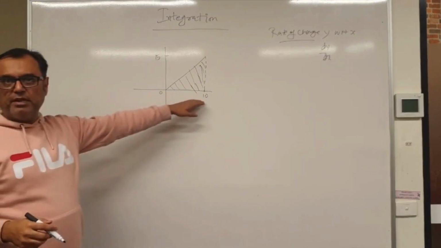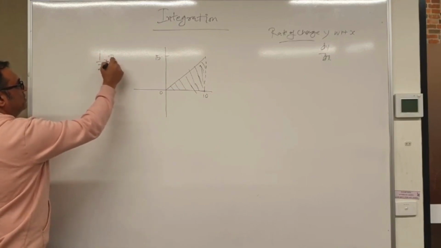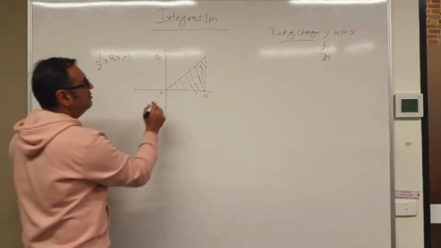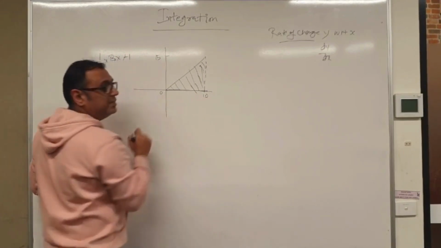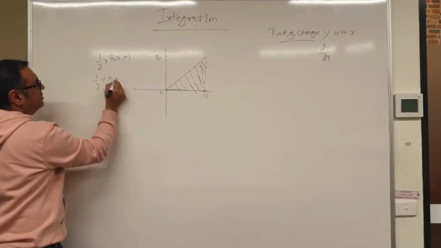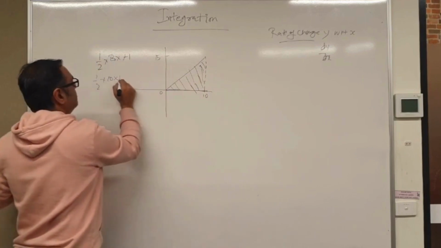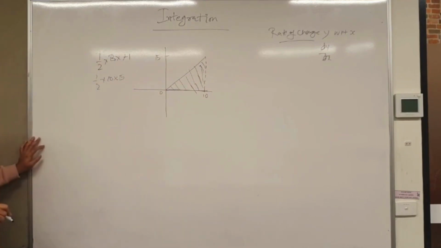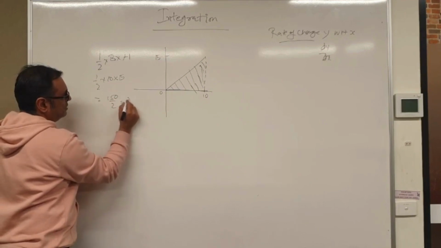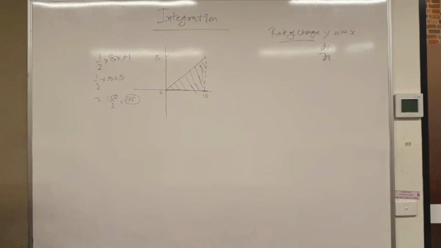This is a right angle triangle, and you can say half base times the height. What's the base? Base is 10, so half times 10 times, what's the height? That's the height, 15. Correct? So which is 150 over 2, which is 75 square units.